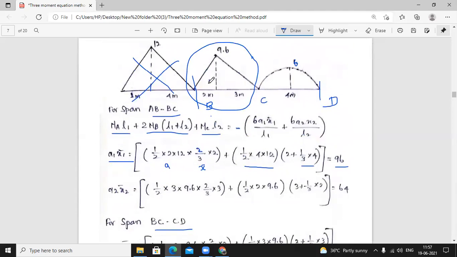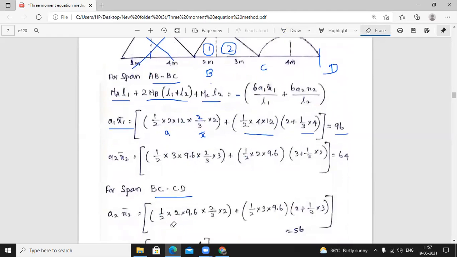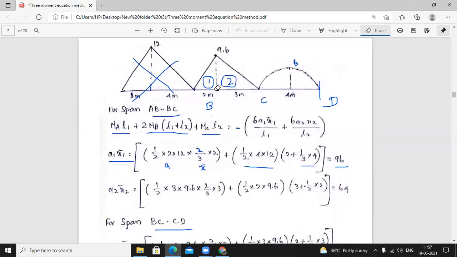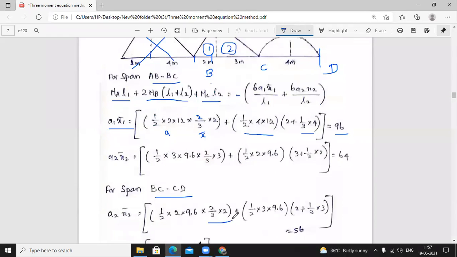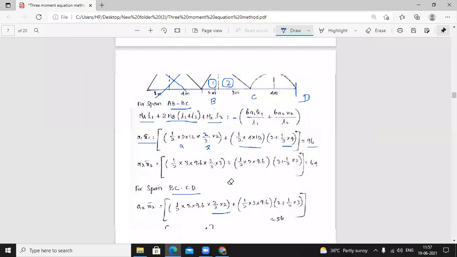So take this as the first part and this as the second part. For the first part, area is half into B, which is 2 meter, height is 9.6. And what is the centroid from B? From here to here, it is 2/3 of 2.